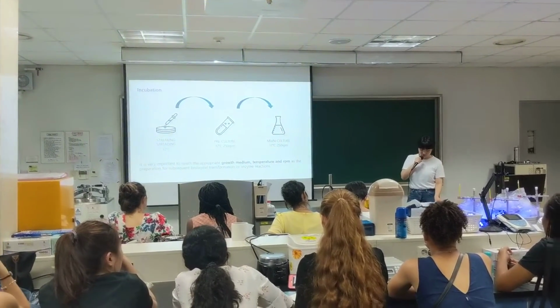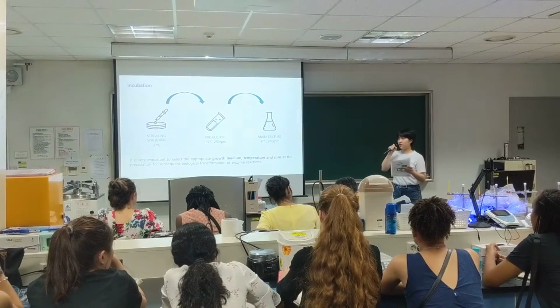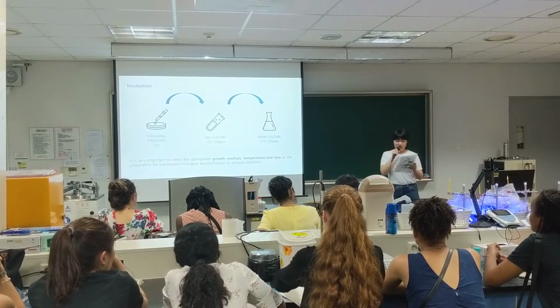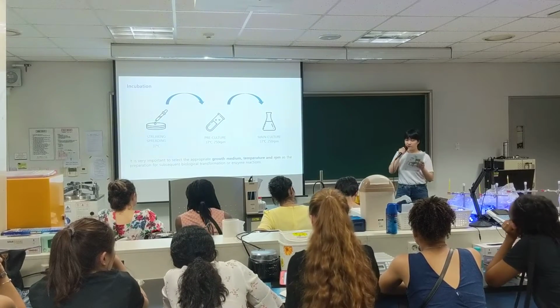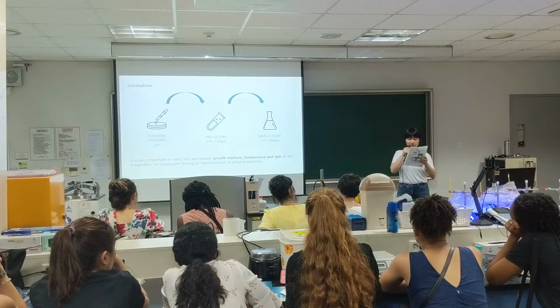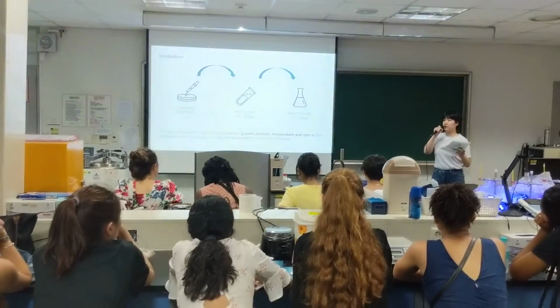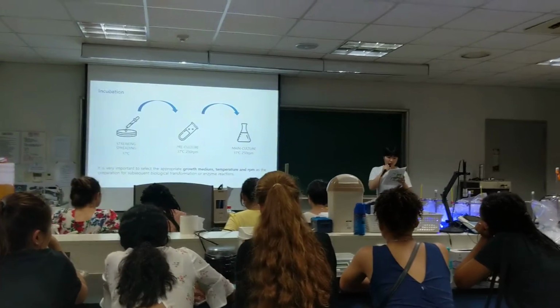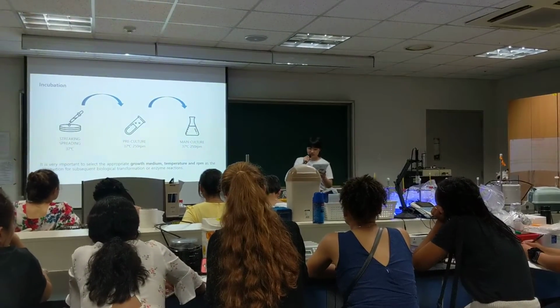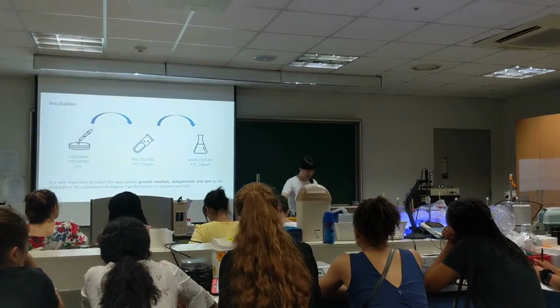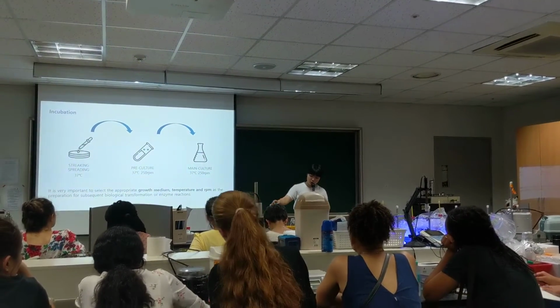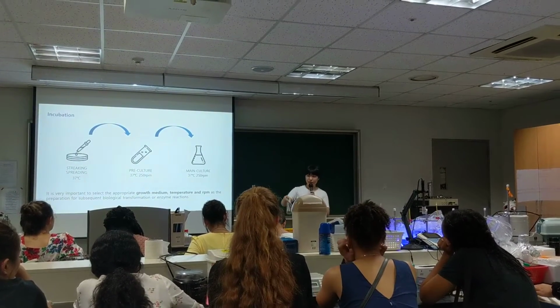37 Celsius is the optimal temperature at which E. coli grows, and RPM is the unit of how many turns in a minute, and is set to provide oxygen to E. coli. We call the preculture seeding, so this is called seed, and we use this for the main culture.